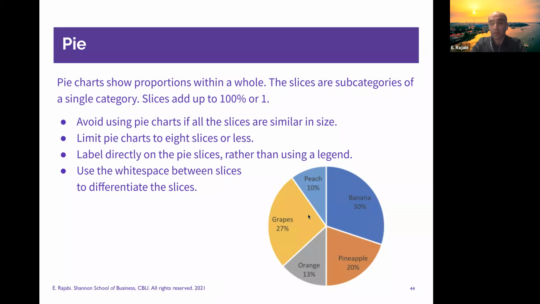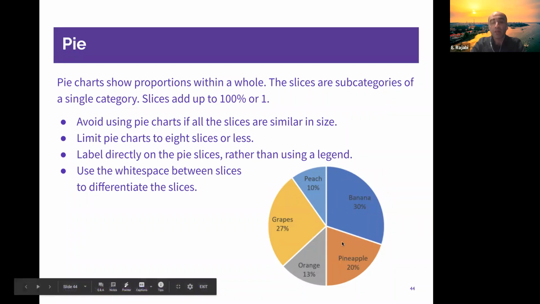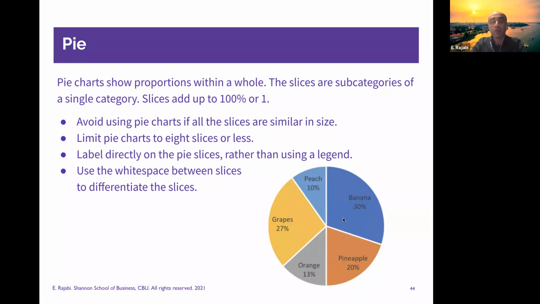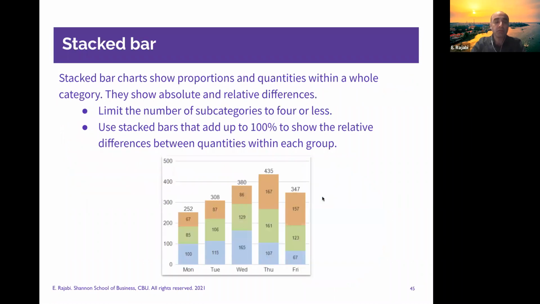These are situations where we should not use a pie chart, when we have similar slices in our categories. Limit pie charts to at most 8 slices. Label directly inside of the slices and use the white space between the slices to improve the readability of the pie chart.